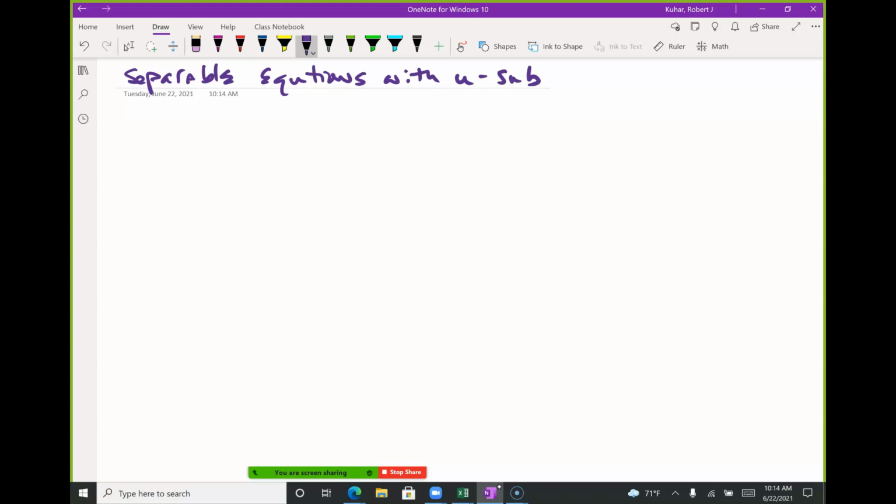In 7.3 in MindTap, I like numbers 1 to 18 for the separable equations.